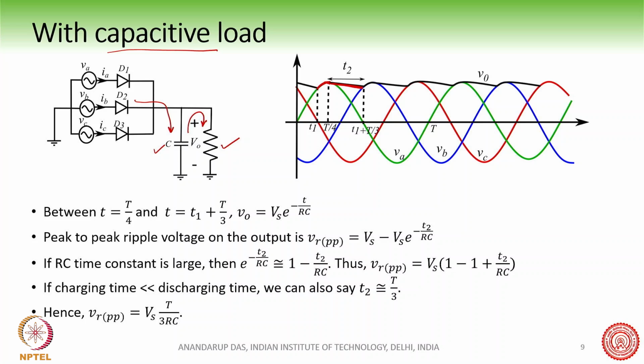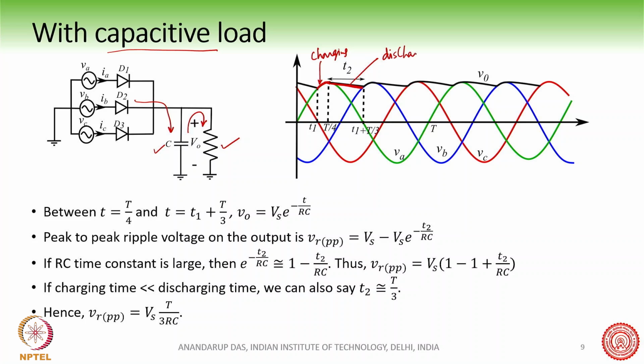Through this constant charge and discharge, the capacitor maintains a DC voltage, and therefore that voltage comes across the load. This is the charging period of the capacitor, and this is the discharging period.